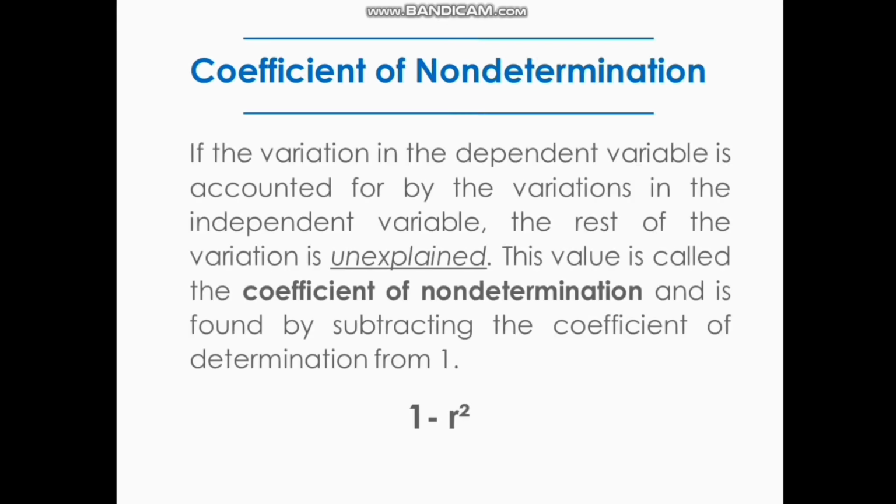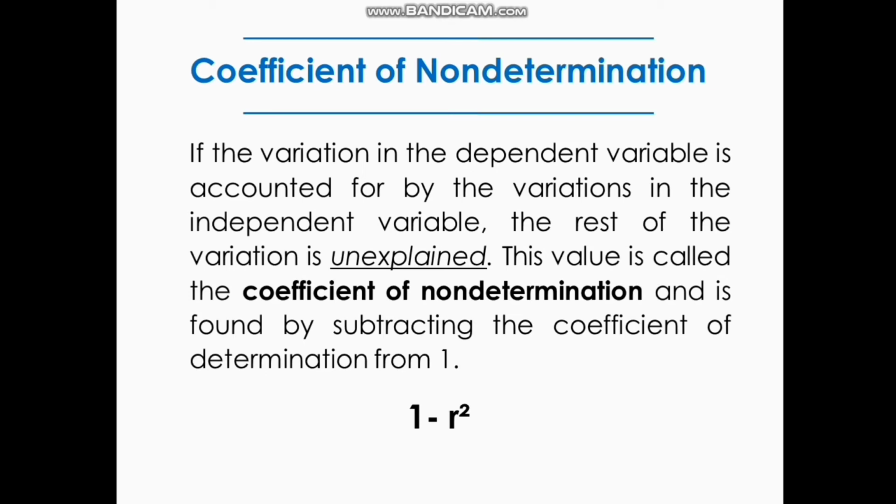Then next, coefficient of non-determination. If the variation in the dependent variable is accounted for by the variations in the independent variable, the rest of the variation is unexplained. This value is called the coefficient of non-determination and is found by subtracting the coefficient of determination from 1.